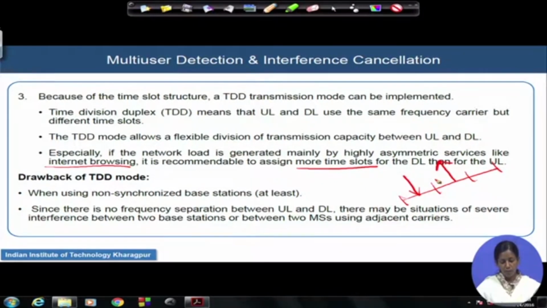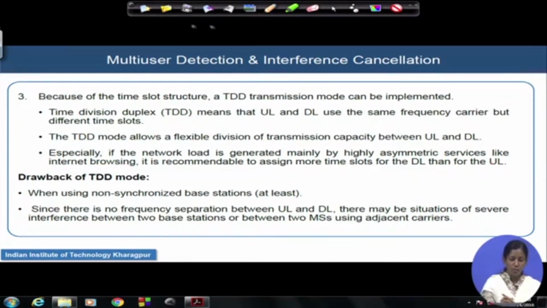But the main drawback of this time division duplexing mode is, because there is no frequency separation between the uplink and the downlink, the same frequency is used, only the time is different. If there is no synchronization between the base stations, it may happen that when the downlink transmission is going on, somebody has started doing the uplink also, and then the downlink signal and uplink signal can create interference to each other.